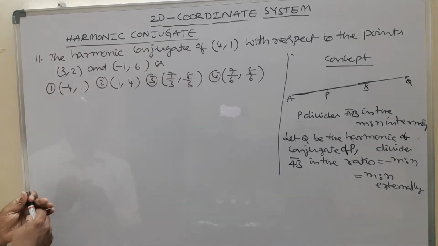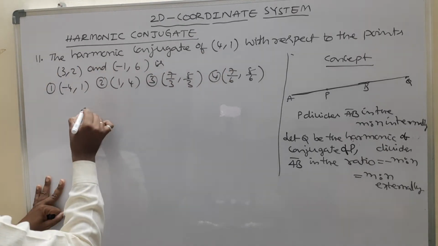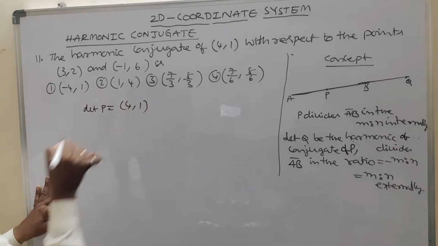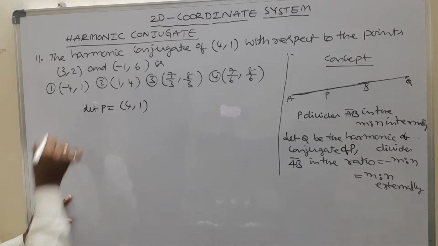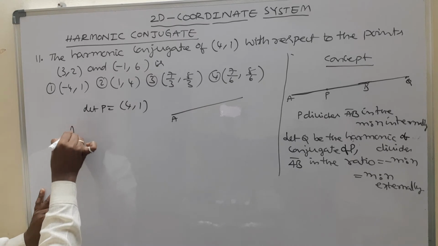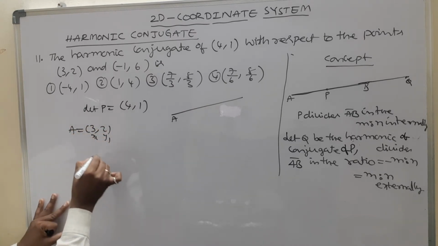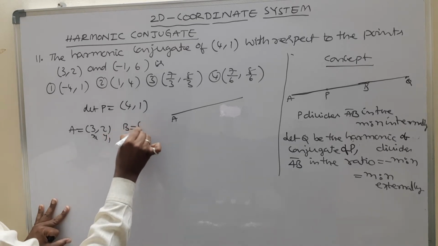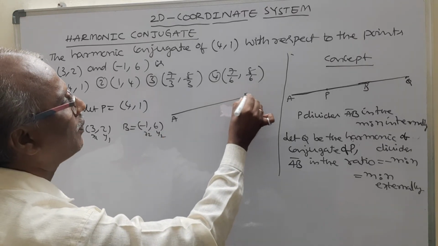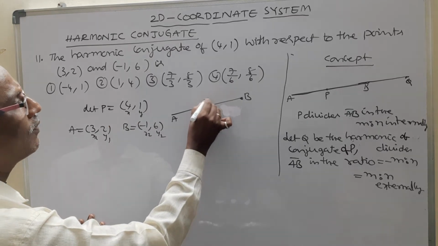Here to find the harmonic conjugate of (4, 1), let P equal (4, 1). The line segment endpoints: capital A equal to (3, 2), x1 y1 coordinates, capital B equal to (-1, 6), x2 y2 coordinates.